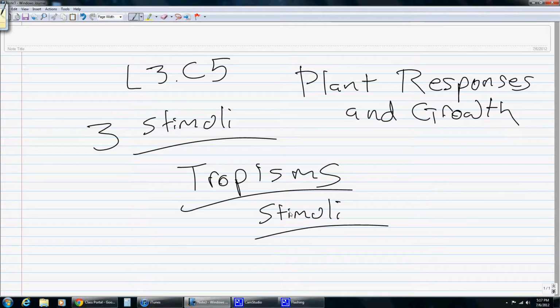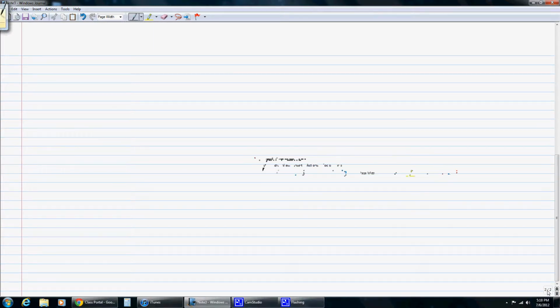You remember this word, stimuli. It's something that will trigger a response out of an organism, and a response is just an action. It's kind of like action and reaction. That reaction part is going to be our response.